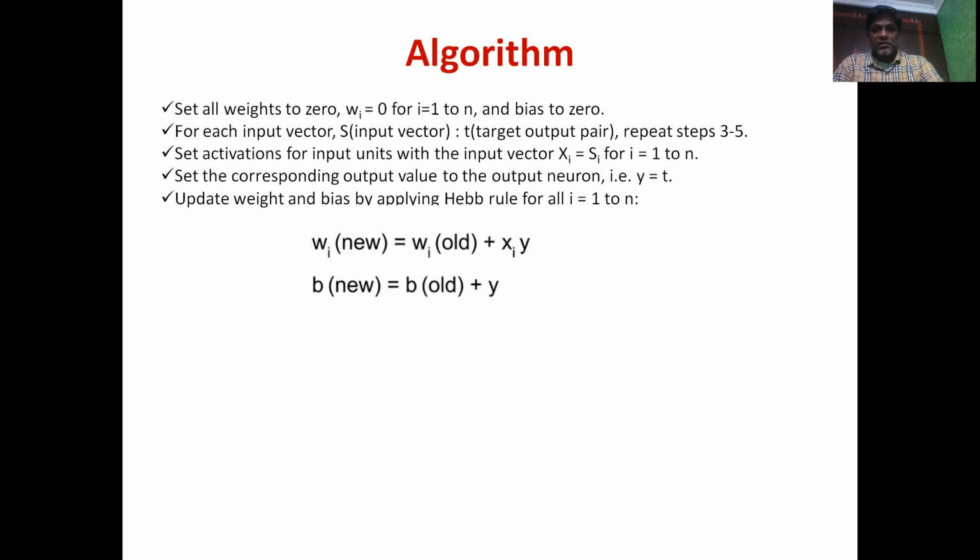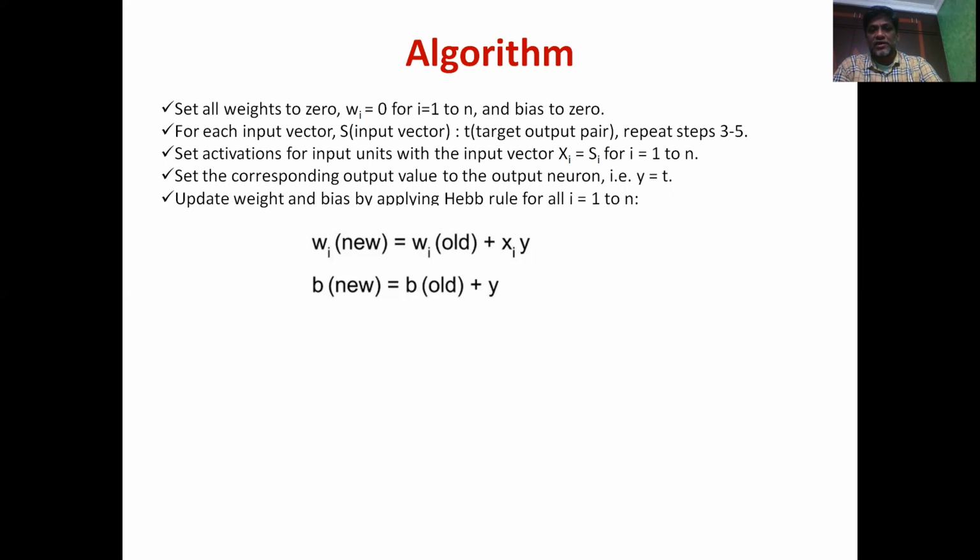Wi of new, that means the new weight will be calculated as Wi of old plus xi into y, where Wi of old is the existing weight connecting the neurons, xi is the input vector, and y is the target output.